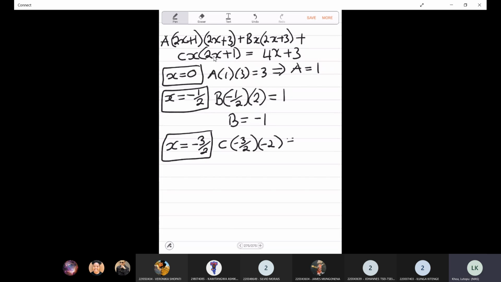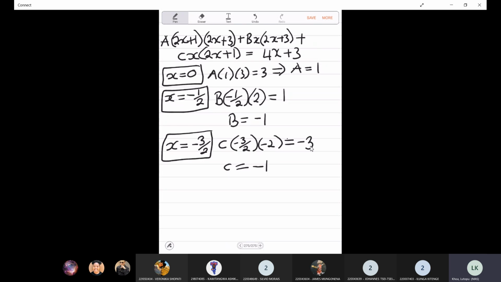And on the other side, we have 4 times negative 3 over 2, that is negative 6 plus 3, which is negative 3. And then this means that c, so here negative and negative, that gives us positive. So we have positive 3 is equal to 3c is equal to negative 3, so that means c is equal to minus 1.